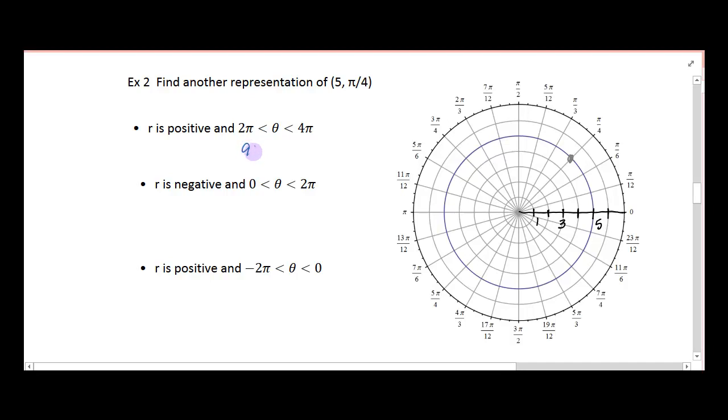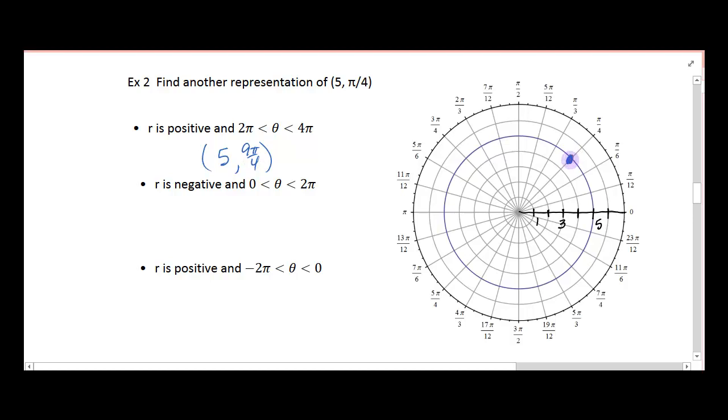So let's just put theta down as it is right now. And because I have traveled this far for theta, r is still that same distance 5 out from the pole. So the point (5, 9 pi over 4) is another representation of the original point we started with.